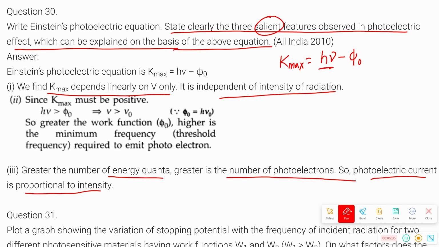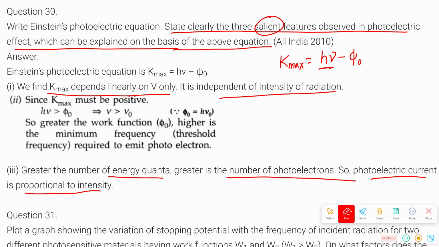See, photoelectric current being proportional to intensity, nobody was able to explain, but Einstein gave this explanation. Because intensity of light in the photon picture is the energy of the number of photons per unit area per unit time, or the number of photons per second. You can tell that. So that and all you remember, please.